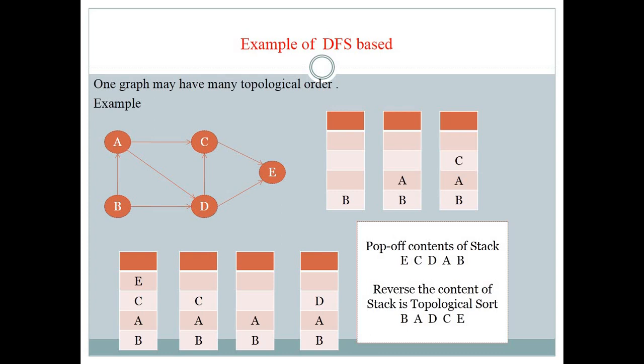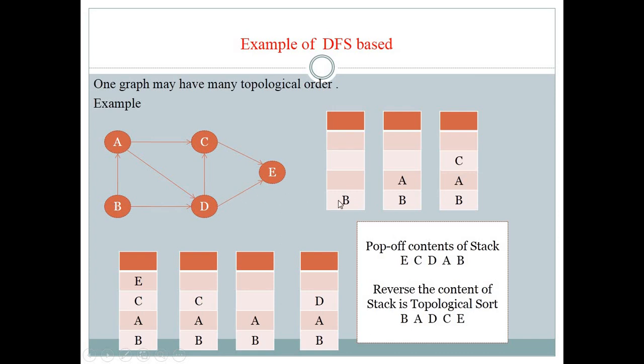First of all, you can select any node in our graph for topological ordering. Here we will select node B. You can also select node A, but we have selected node B here, and we will put it into our stack.